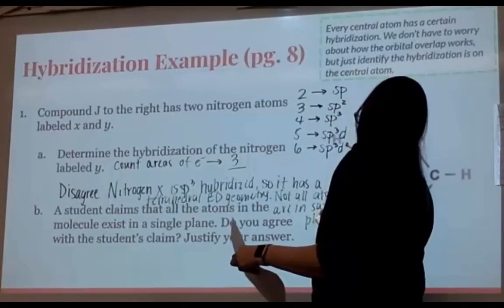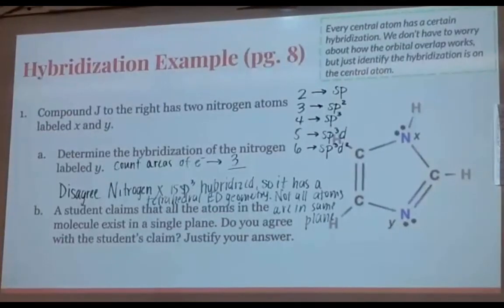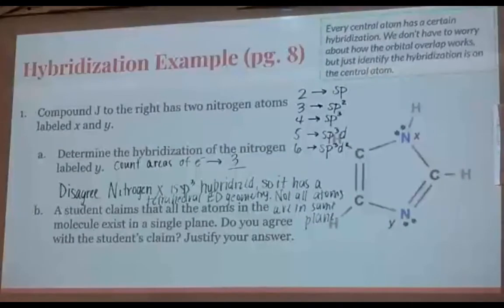So if it were in the same plane, like nitrogen Y, even though there is a lone pair, this is what nitrogen Y looks like. 1 lone pair, 2 atoms bonded. This is really like a 2-dimensional structure. There are no atoms coming out towards you or coming back away.